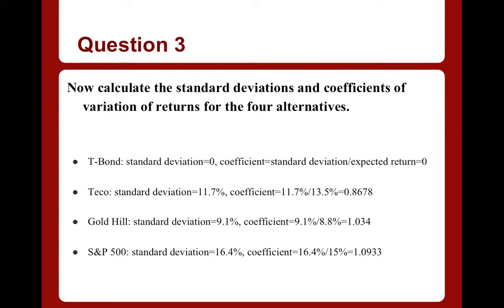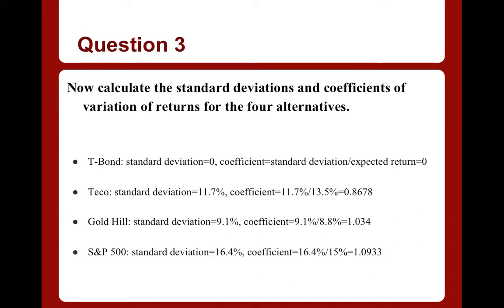The standard deviation provides a measurement of the total risk by examining the probability distribution associated with the different possible outcomes, whereas the coefficient of variation measures risk per unit.